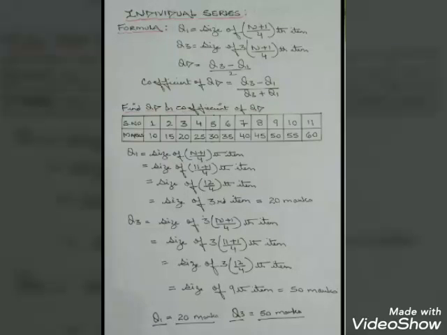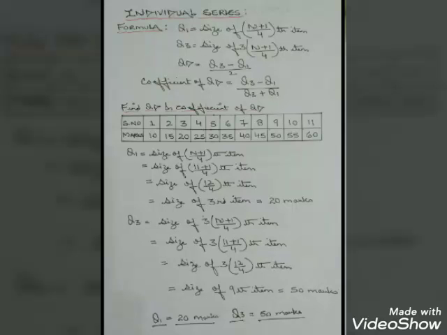And quartile deviation is Q3 minus Q1 upon 2, and coefficient of quartile deviation is Q3 minus Q1 upon Q3 plus Q1. Remember, to calculate this under individual series, we first need to find the values of the third quartile and first quartile, using these formulas.